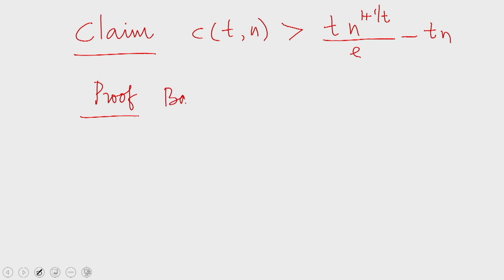So for the basis case, let us consider T equal to 1. Which means we have to sort n items in one single step. We can sort n items in one single step only if we perform all the comparisons at one go.